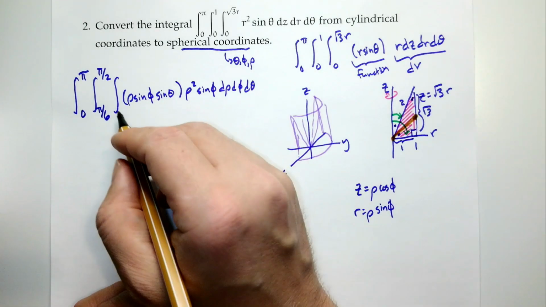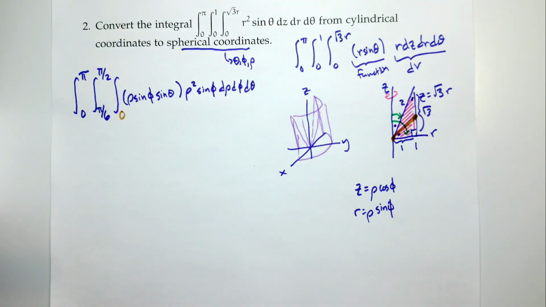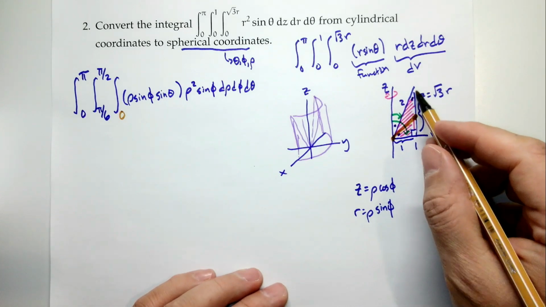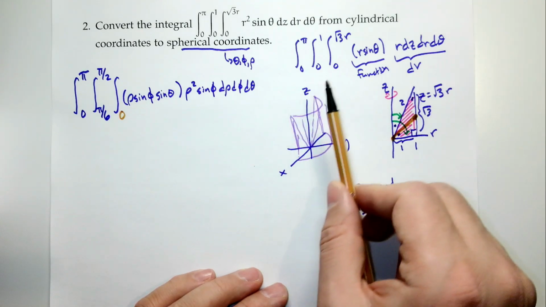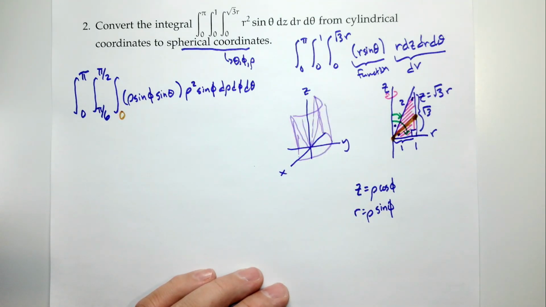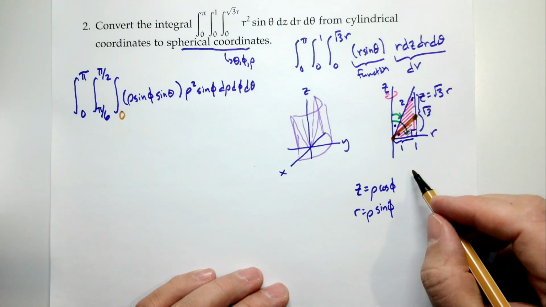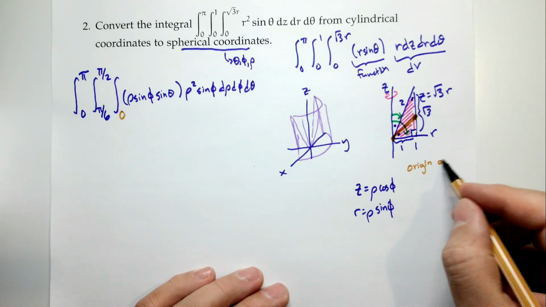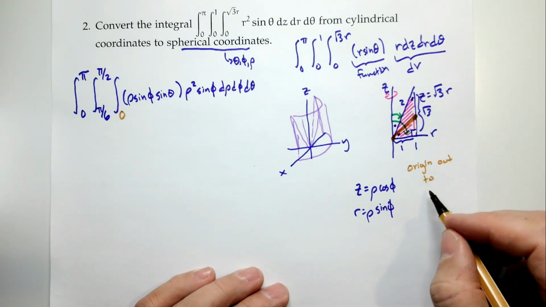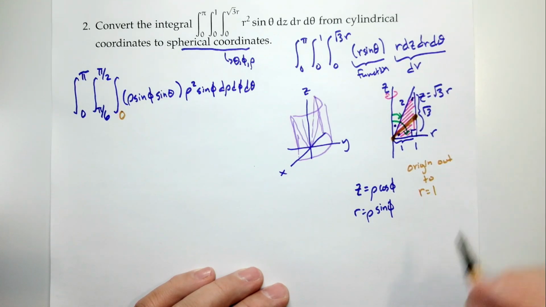Well, I start at 0. All right, well, that's perfectly fair. Where do I stop? I stop when I hit, in this picture, the shell of the cylinder. So I'm going from the origin out to this cylinder, r equals 1.